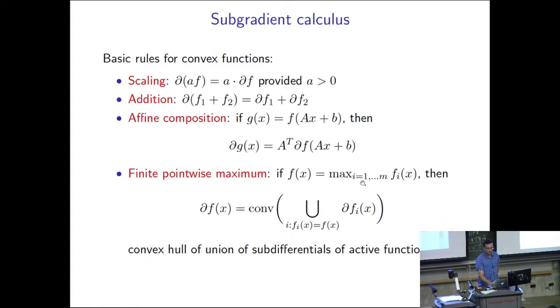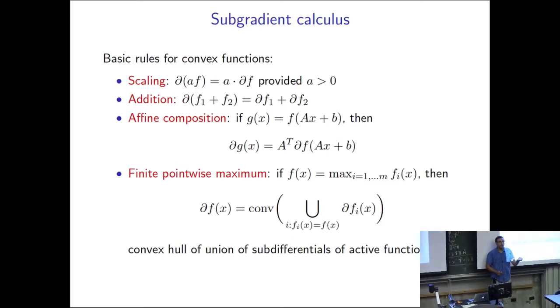If we have a maximum of convex functions, just like we had in that previous example where we had f1 and f2, here I have m functions, f1 through fm. They're each convex. And let's say I'm denoting f to be their pointwise maximum. Then the subgradients of f at a point x are given by the following recipe. First, find all of the functions fi that achieve the maximum.